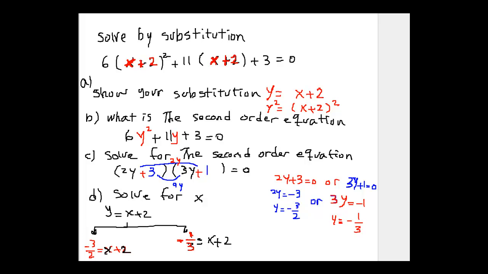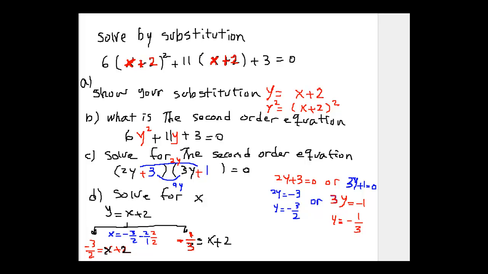Okay, so for the first case, we get x is equal to, this is a different color here, x is equal to minus 3/2 minus 2/1. So if I use the LCD, it's 2/2.